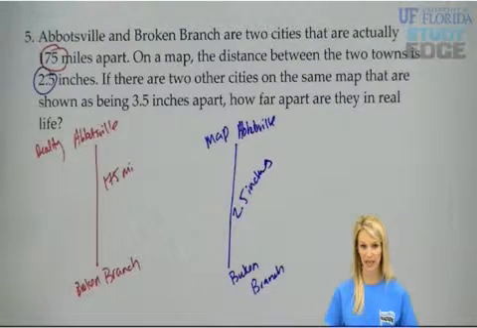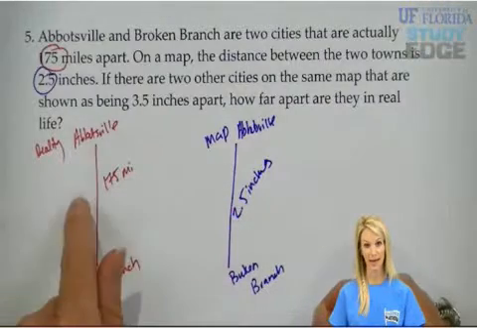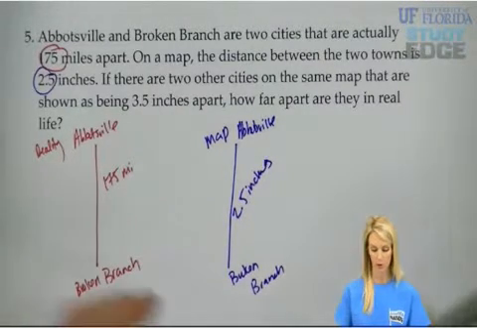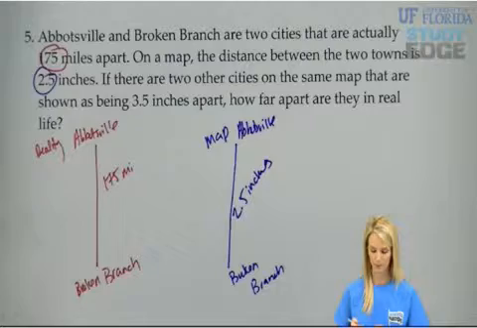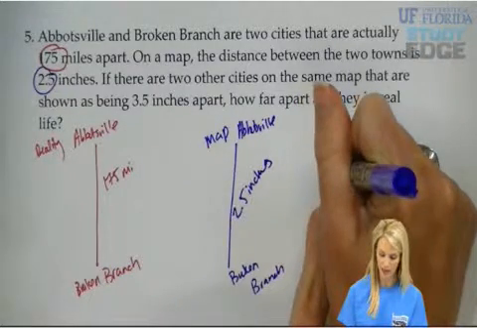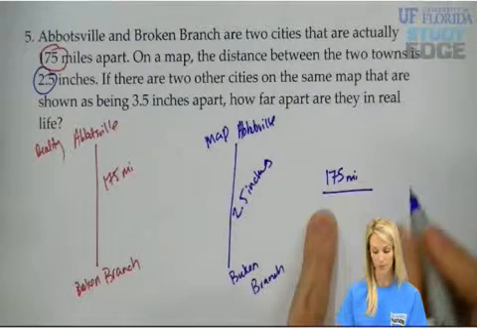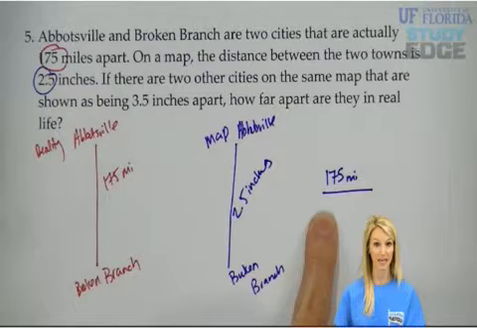Well, for each inch, how many miles do we have? If I draw an inch on my map, how many miles am I drawing? Well, what I have from Abbotsville to Broken Branch is 175 miles per, so over how many inches?